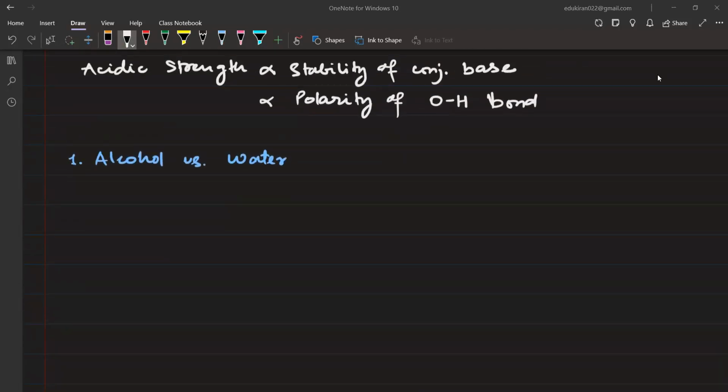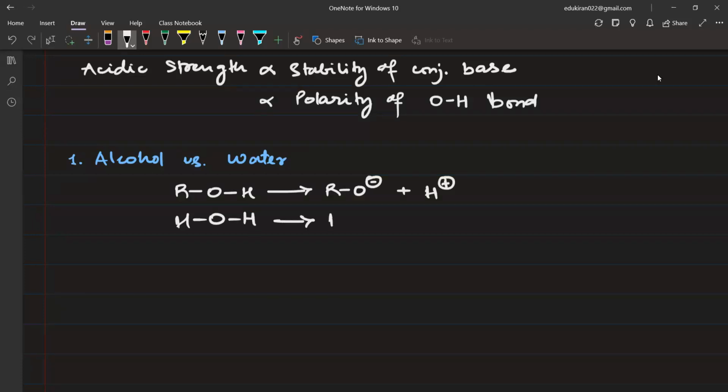Now, for both cases, we'll show the acid and their conjugate bases. So when we have alcohol, we'll have ROH. It gives you RO negative plus H positive. For water, we will have HOH. This will give me HO negative plus H positive.